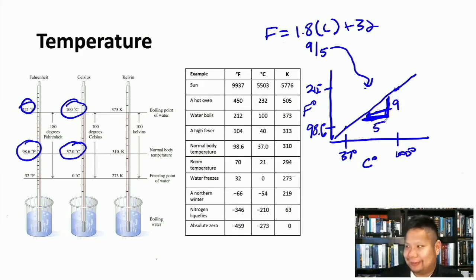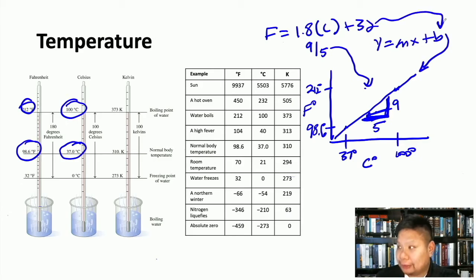Wait a second. That F equals 1.8 times C plus 32 sure looks like something we learned earlier: the y equals mx plus b equation of a line. That's this line.